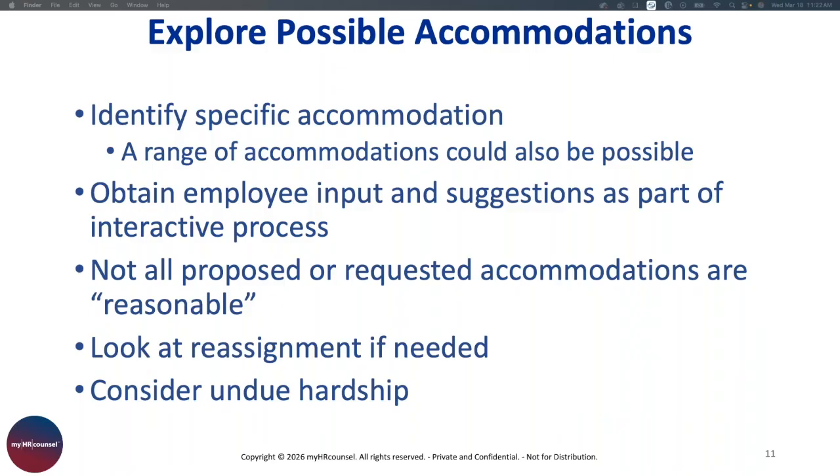Again, you want to think about reasonable accommodation and what is required. That means modification or adjustments to, say, for example, with an applicant, the applicant process that would allow them to get through and apply to your job, or looking at the work environment where somebody performs their job.